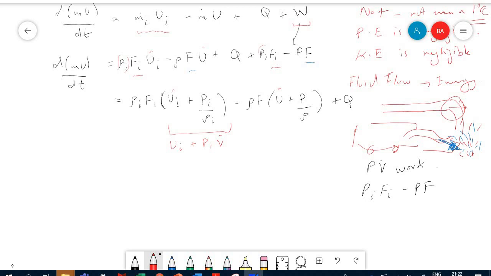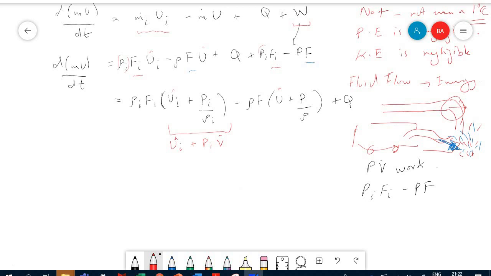So you cancel out the kilogram. So what you have here is energy per second, and this is exactly what is here. So U is energy per kilogram multiplied by kilogram, so that will be energy, and per second, which is by dt here. So these are all per mass.